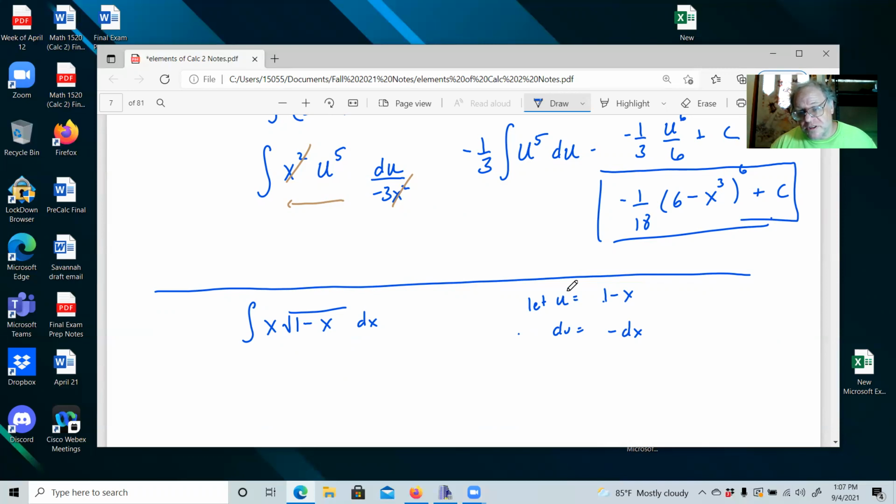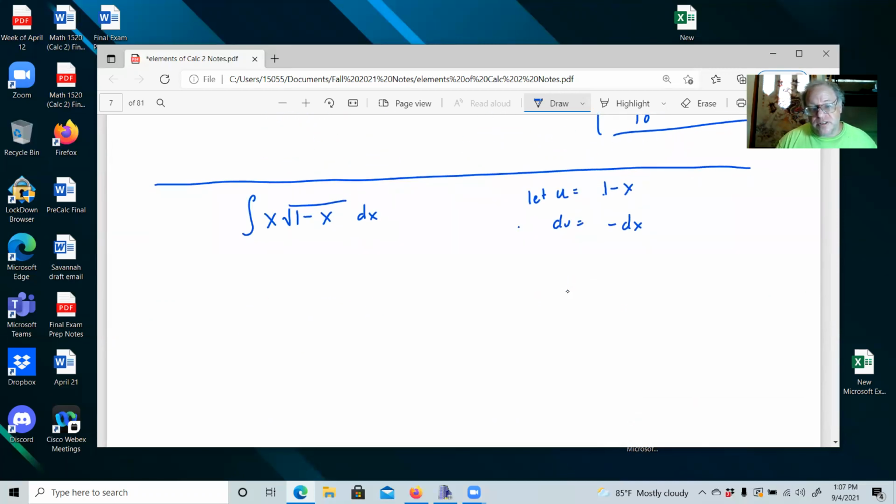We're going to try to substitute here and just see. So x equals negative du. This is method 2. So we have our x, we have 1 minus x, that's u, raised to the 1/2 power.